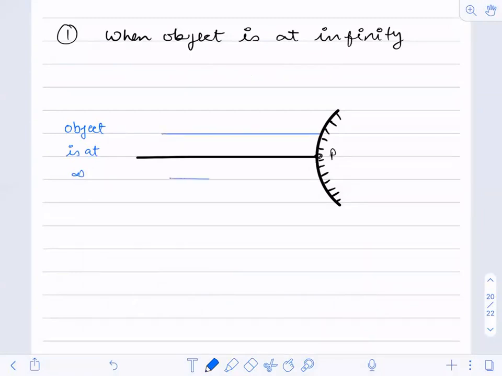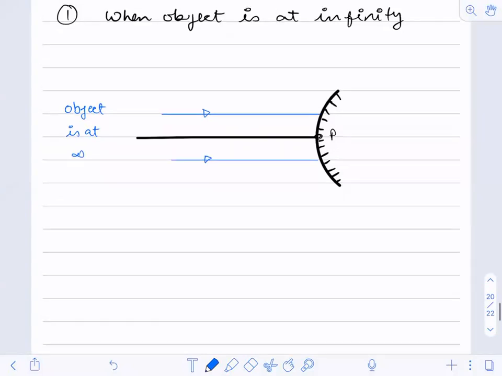You can take them parallel. Some books draw parallel lines. The incident rays must be parallel if the object is at infinity.